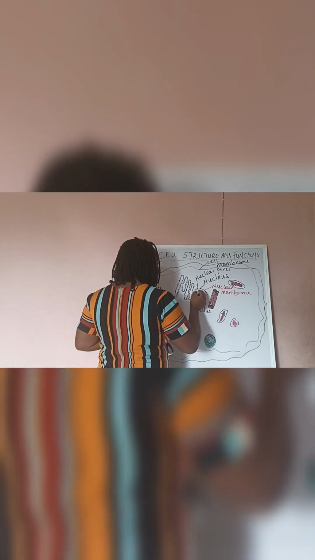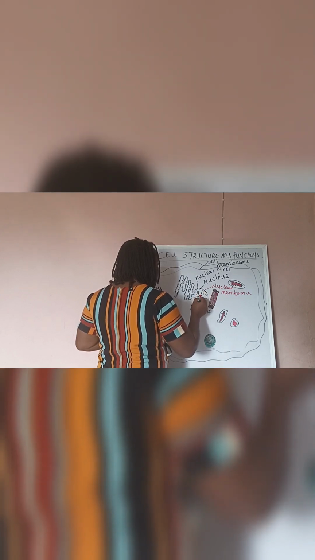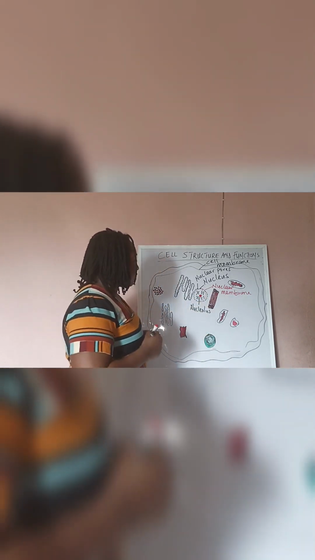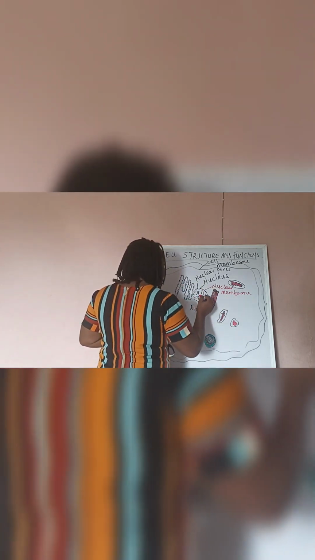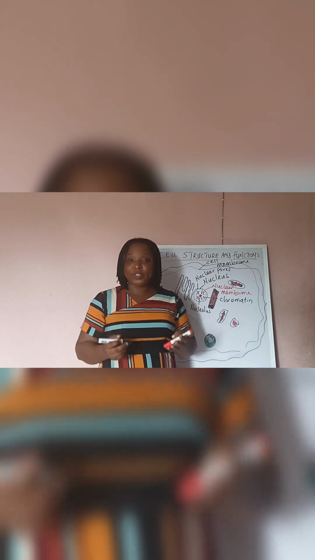So now we have some material here. We call this chromatin. This chromatin is a complex of DNA and proteins.